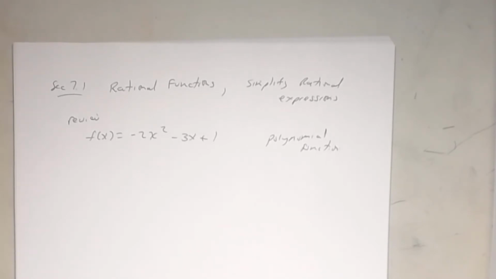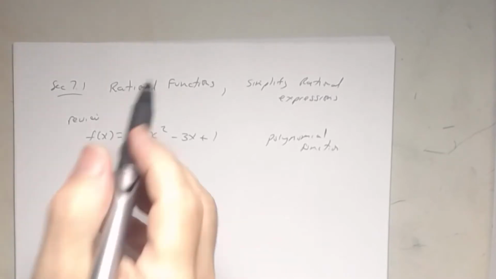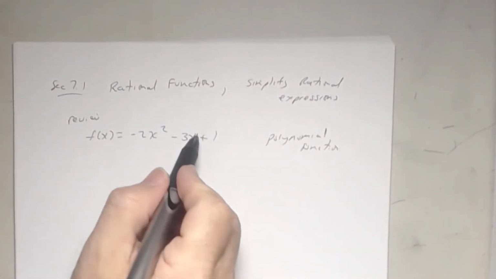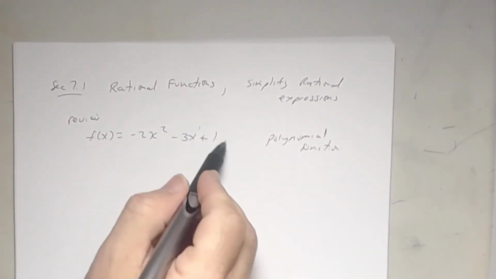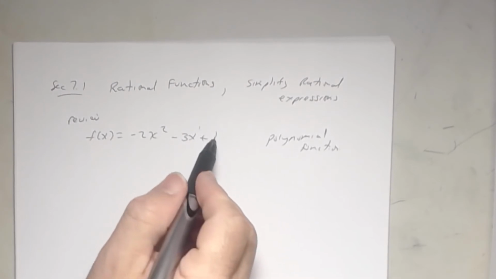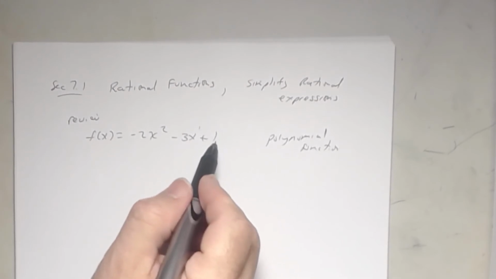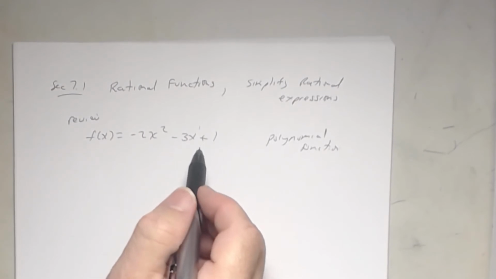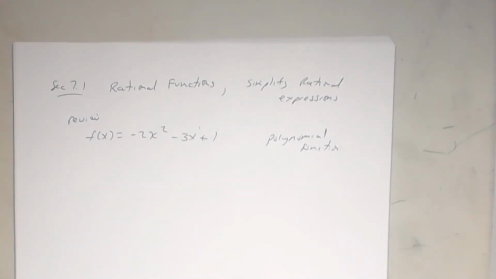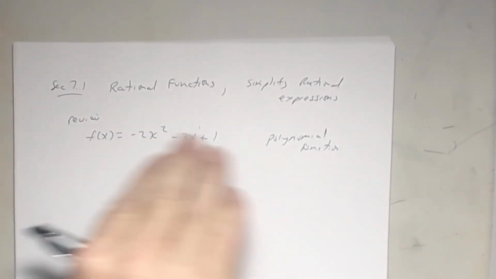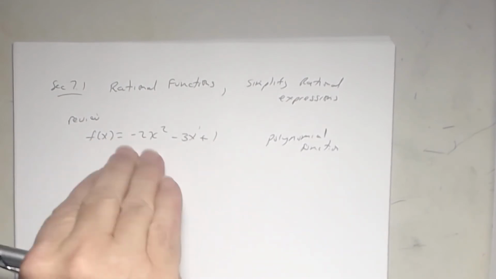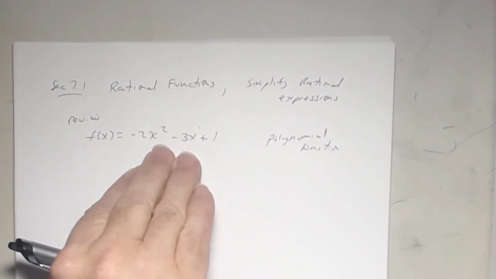So notice this exponent is 2, this exponent is 1, and there's no exponent there. Well, technically there is, but it's 0. So this is a polynomial. Right now just have an idea what it looks like.